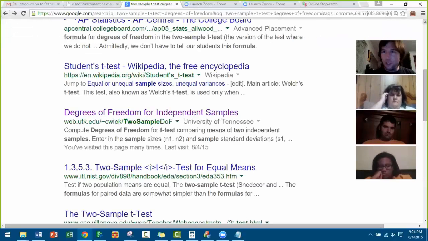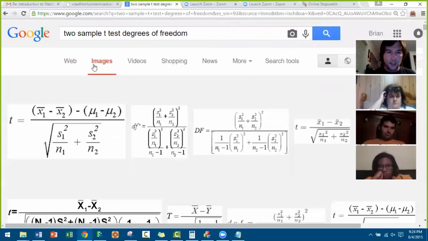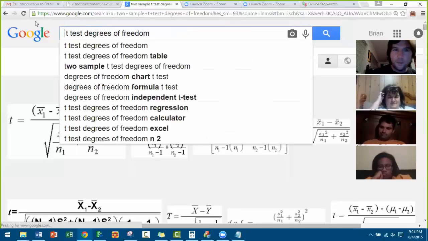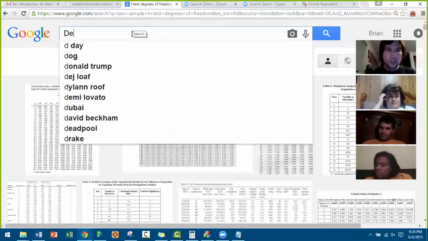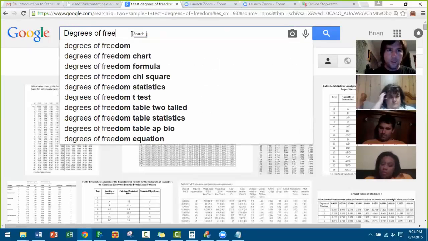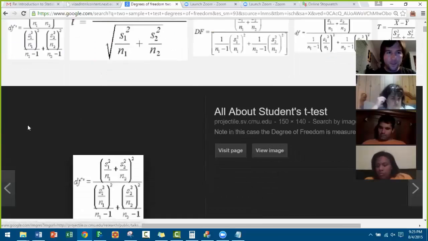And it's from the complex formula that we don't like to solve by hand. None of these are that formula. T-test degrees of freedom. There's some T-tables. Let's type in degrees of freedom first. Degrees of freedom. Too simple. T. There it is. There's our old friend.